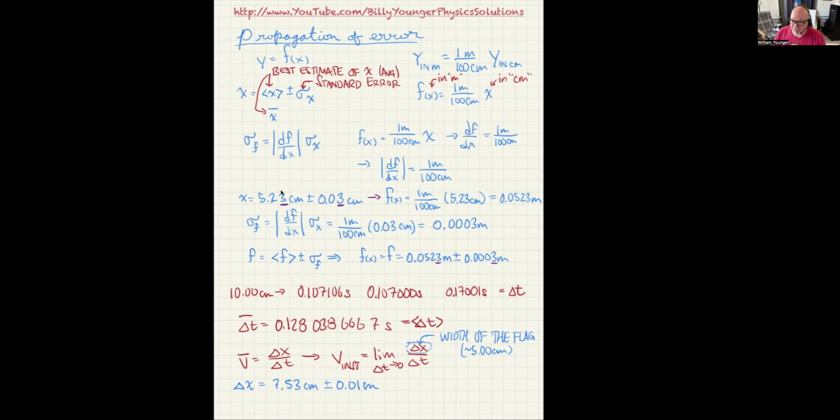If that standard error came up to be smaller than 0.01, then you just have to use 0.01. If it came up to be exactly 0.01, you'd still use 0.01. And if it came up to be bigger than 0.01, maybe it was 0.012, you'd still use 0.01. If it's 0.014, you might choose to use both of those, but then you'd also have to carry one extra decimal place on the best estimate of the value.